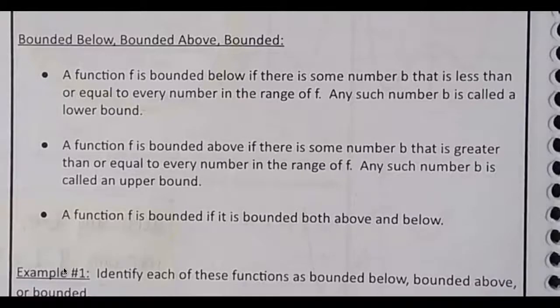Okay, so if you have a graph that looks like this, can you see that the graph is continuing up forever, but it does not continue down forever? That means it is bounded below. If you have a graph that continues down forever, but it does not continue up forever, it is bounded above.